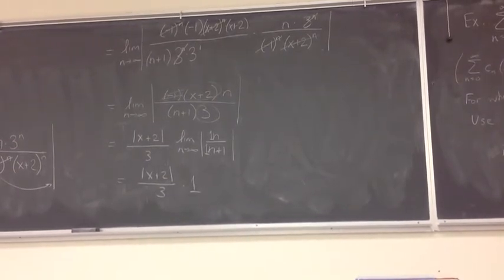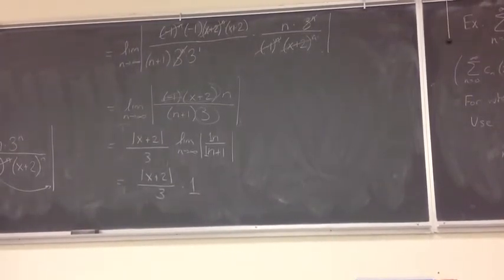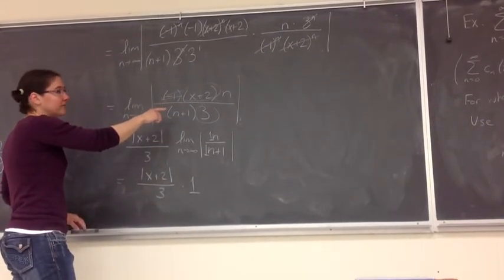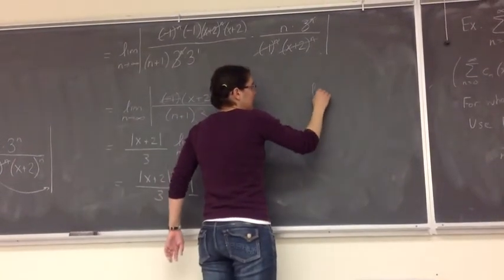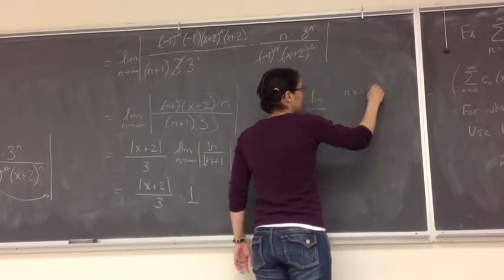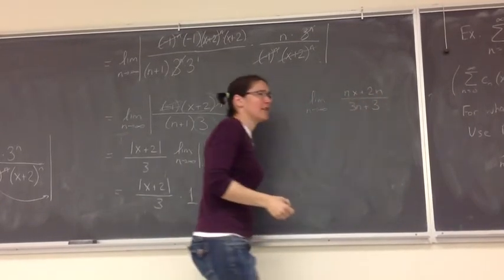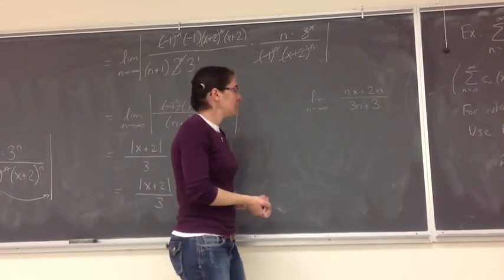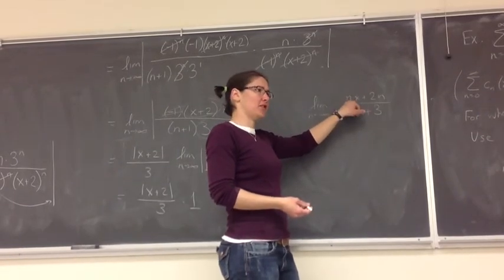Would you get a similar answer if you distributed before you broke your limit up? If you distributed n, so you were taking the limit as n goes to infinity of nx plus 2n over 3n plus 3, this is going to be a little more of a challenge because suddenly I've got n going to infinity and my x is a coefficient on n.